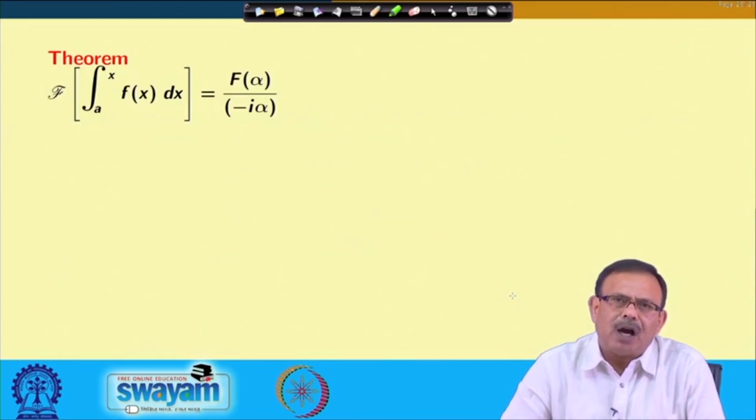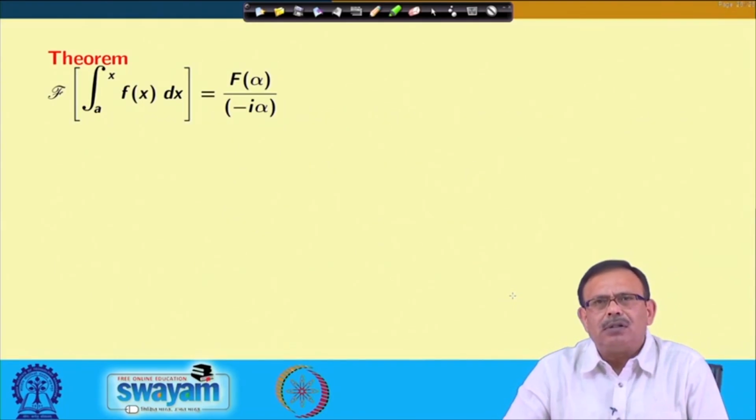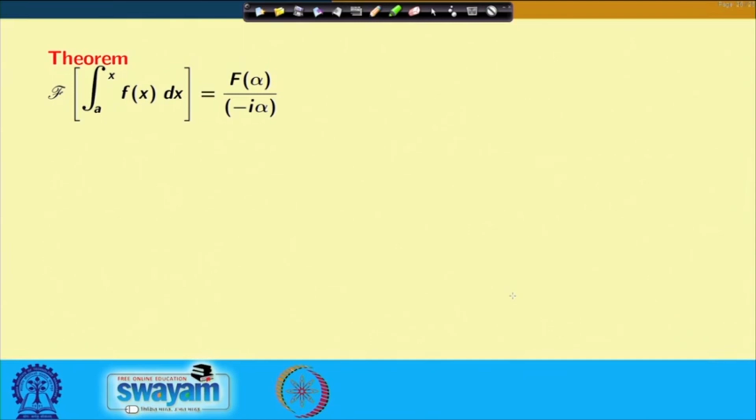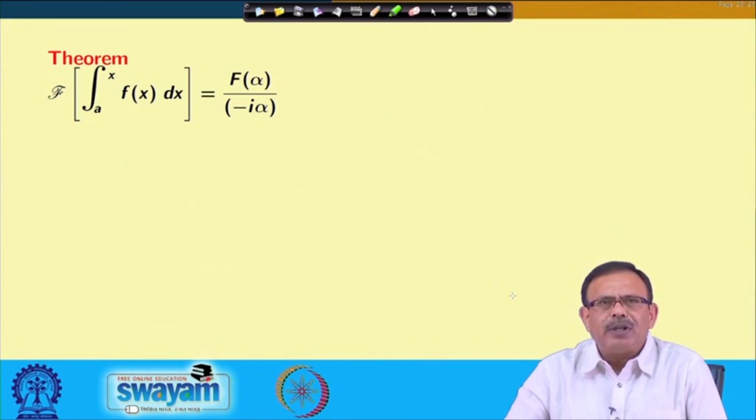The next theorem: the earlier theorem was on the differentiation of a function and its Fourier transform. If I know the Fourier transform of a function, then what should be the Fourier transform of the derivative of that function, that we were studying.